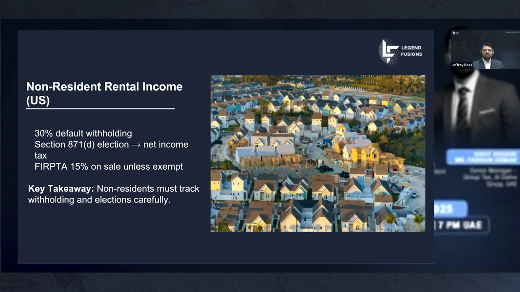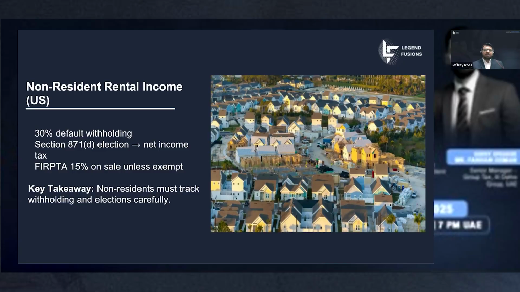So in this situation, this benefits the non-resident owner of the property, and he can submit the 1040-NR, the non-resident tax return. He can also report the expenses of the property against the gross rental income. That would help him lower the gross rental income to net rental income, and it would eventually help him or her lower the taxes by choosing the 871(d) election.